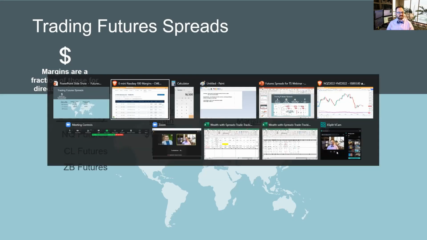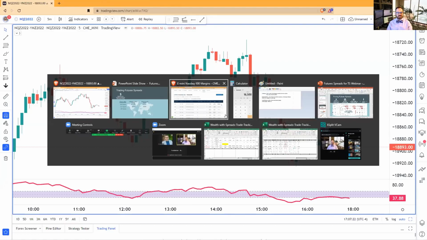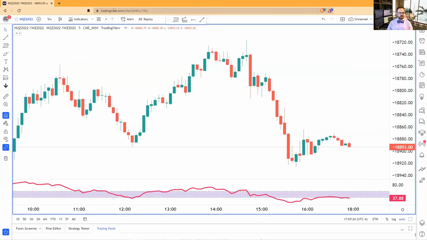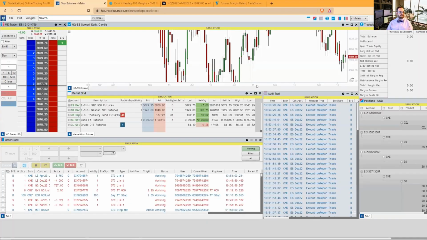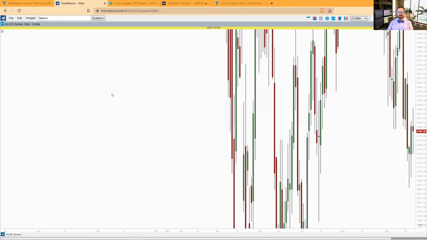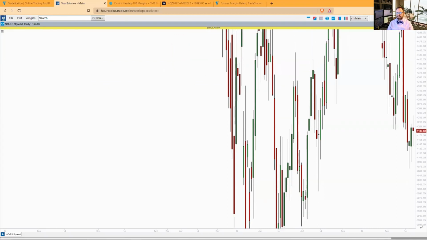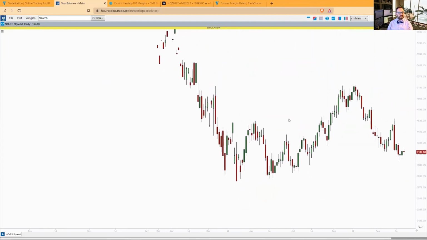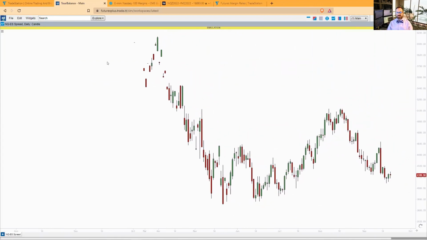The difference you'll see when I go into my TradeStation Futures Plus again. Wrong page, sorry. Actually, I should merge these. It'll be easier for me. There we go. So when I go into Futures Plus here, you'll see when I'm trying to find spreads, for instance, and that one's finally cleared up. There's my chart, by the way, on the NASDAQ versus ES.